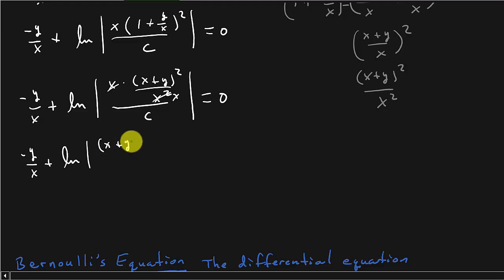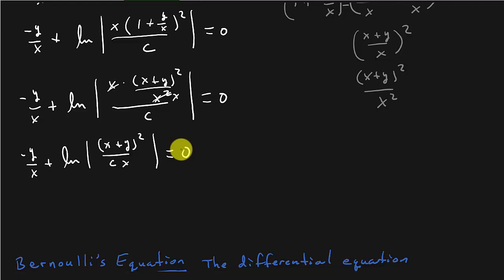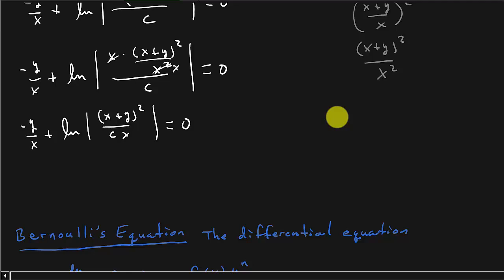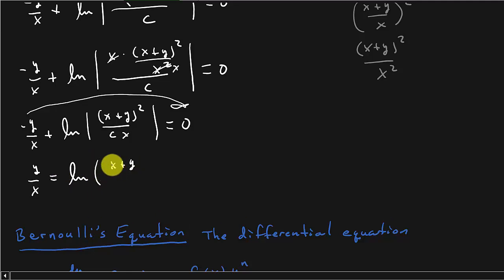x plus y squared over cx equals 0. And so, as far as your answer goes, how do you write it? I guess if we wanted to, we could bring this to the other side, and that would give us y over x is equal to natural log of x plus y squared over cx.